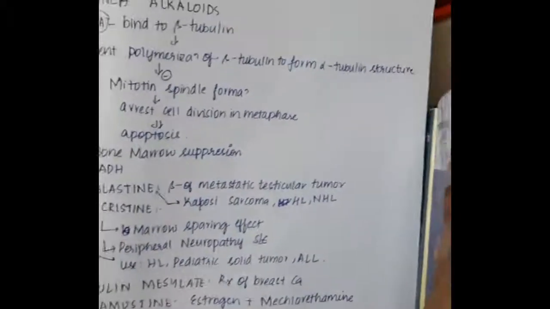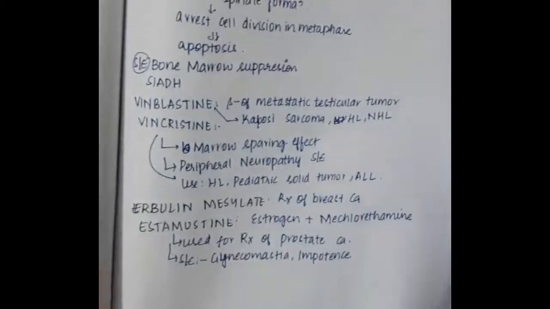After vincristine and vinblastine, the next important group of drugs are the spindle breakdown inhibitors.